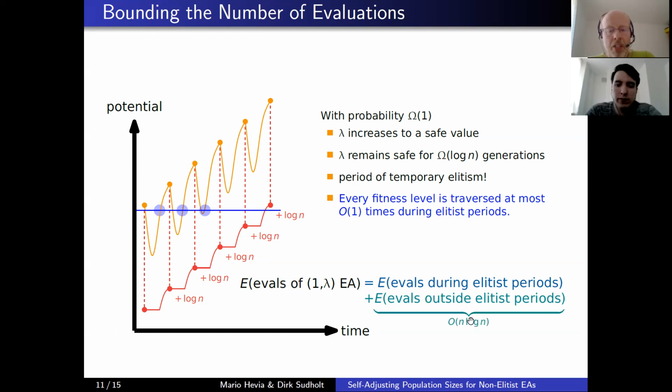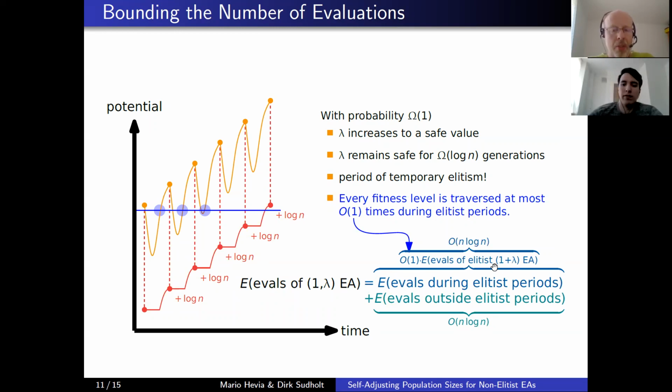The latter is bounded by O of n log n, because typically lambda is small, it's just logarithmic. And during these elitist periods, we use the fact that every fitness level is reached only a constant number of times, and we apply the previous analysis for the elitist version of the algorithm. We know that this value here is bounded by O of n log n. So in total, we get an O of n log n bound for the number of evaluations.